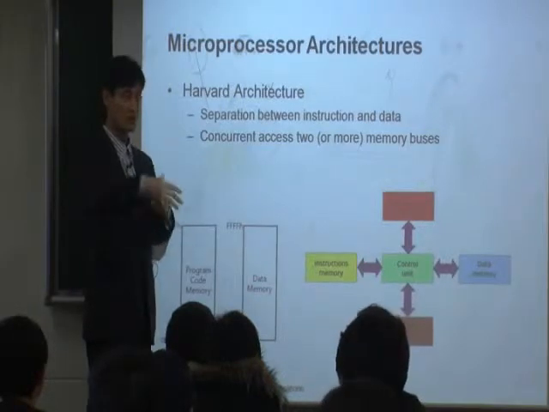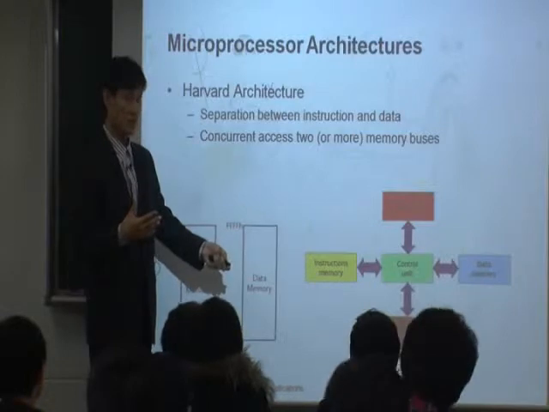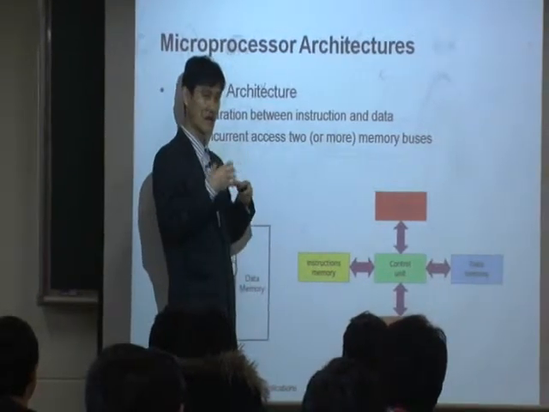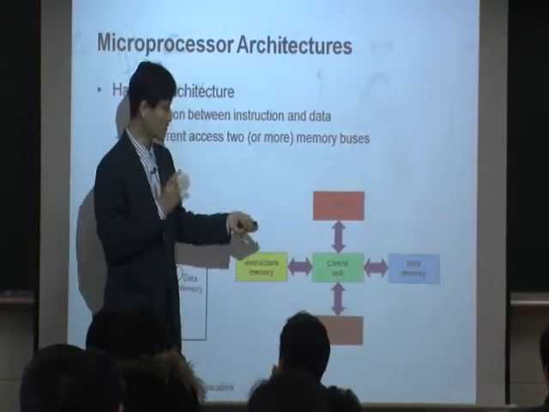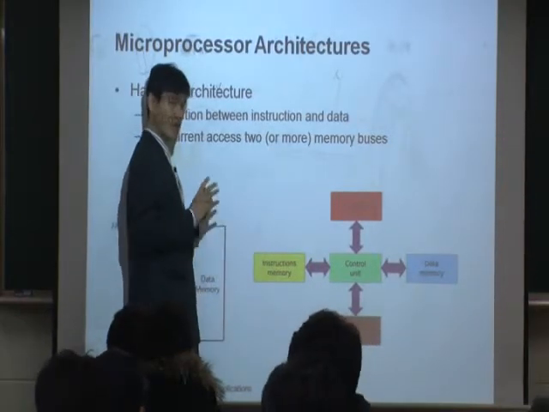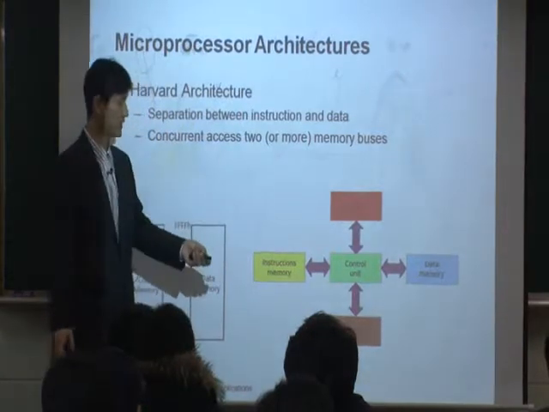In order to connect to those devices, you need an input-output port, which is this one. And since your microprocessor or controller sometimes needs to do calculation, you need the ALU. So these three are the basic blocks. But outside, typically, or it could be inside, you need memory, like instruction memory and data memory.